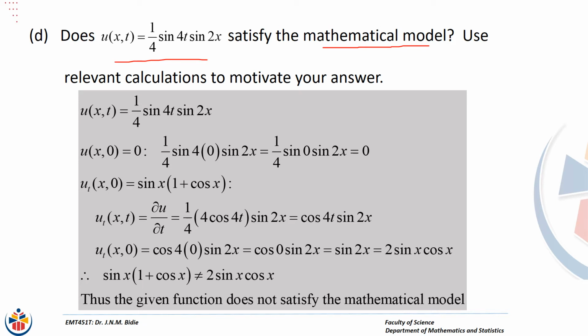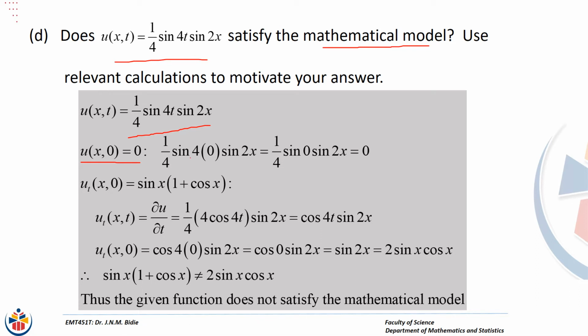The first one that we were given, which is the first initial condition that was given, that came with the problem, was u(x,0) is equal to 0. Wherever there is t in u, we substitute 0.